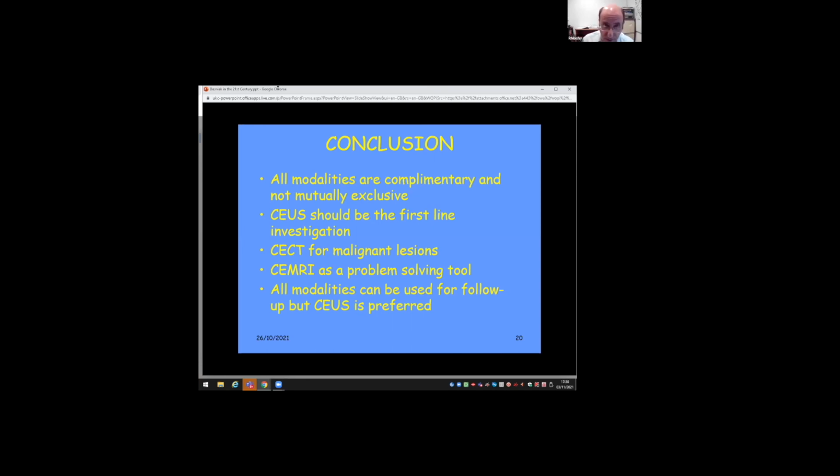Neither could decide, so they went to MRI. And there were 3 cases that were actually a source of dispute between us and the urologists. I'm going to read you what the dispute was, because it's quite interesting. Case number 1. This patient had a CT which said it had a simple cyst.